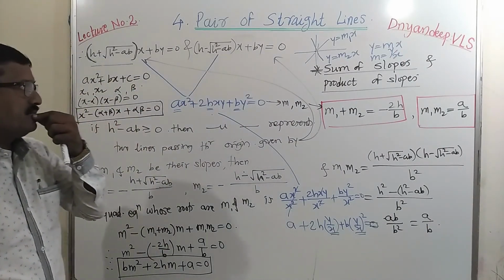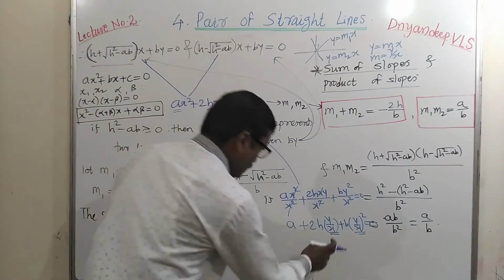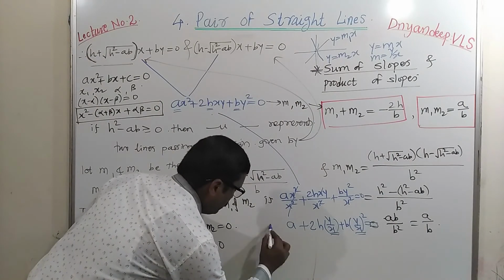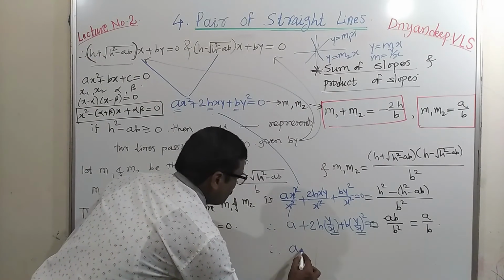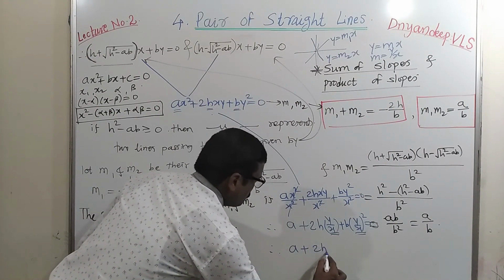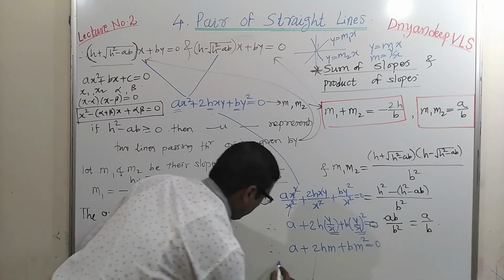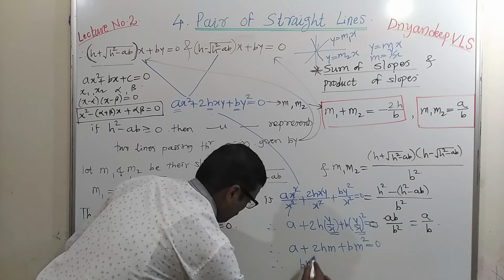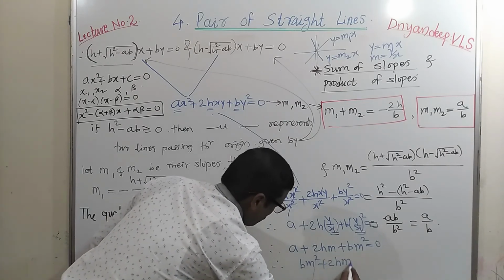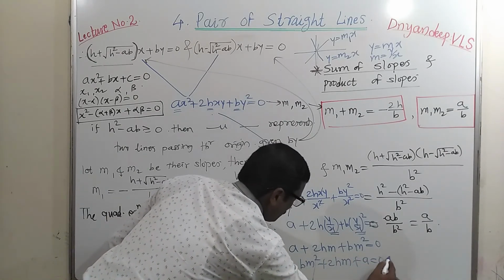So m equal to y upon x is the slope of a line passing through the origin. So here the unknown slope is m, that is y upon x. So a plus 2hm plus bm square equal to 0. Rearranging the terms we get bm square plus 2hm plus a equal to 0.